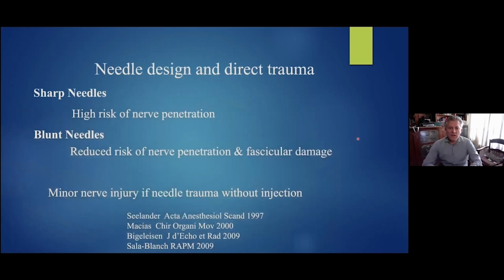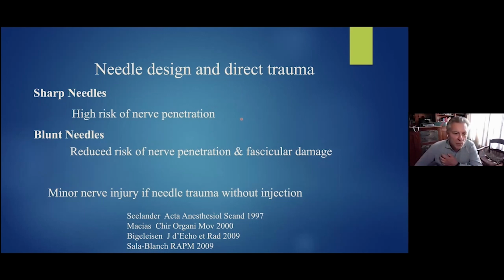What about needle design and direct trauma? Sharp needles have a high risk of nerve penetration and, of course, of penetration of the perineurium, and with the risk of an injection intravascular. The sharp needles have a clean cut, and the lesions are not so severe if you don't inject.